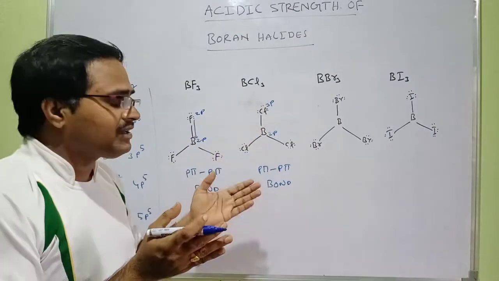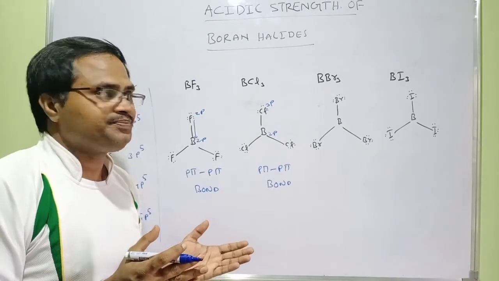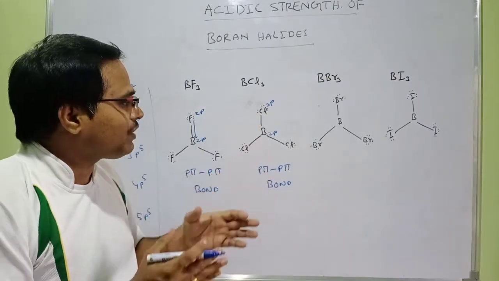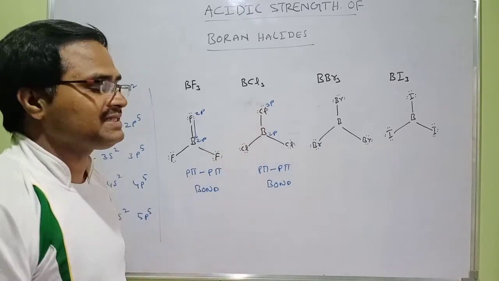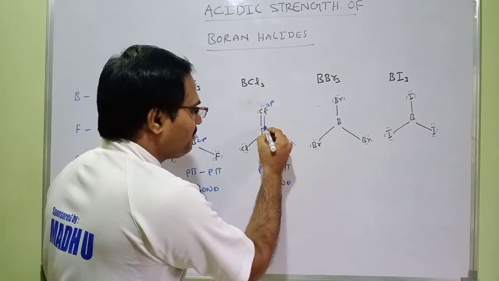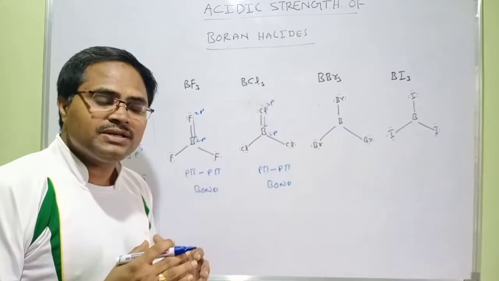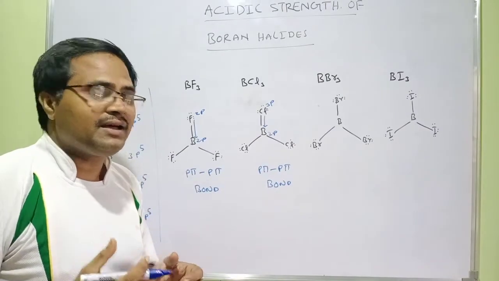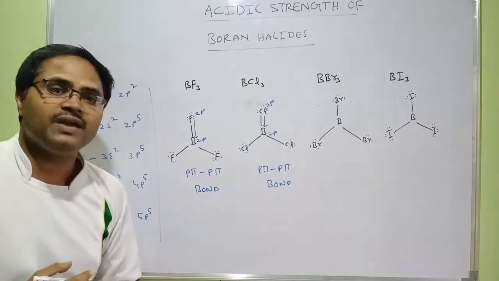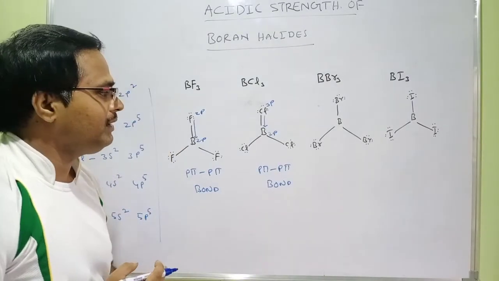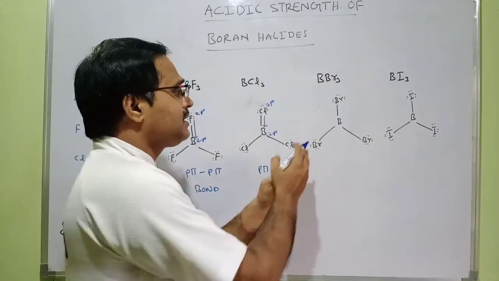Since the size is not compatible, the overlapping of these two orbitals is less. The p pi interaction will be less. The interaction happens, but it is not as great as we have seen in the case of BF3.